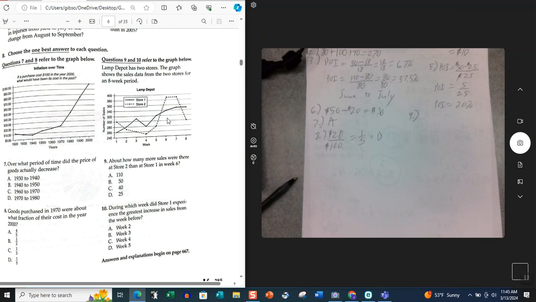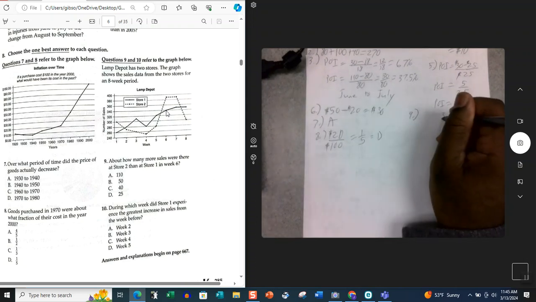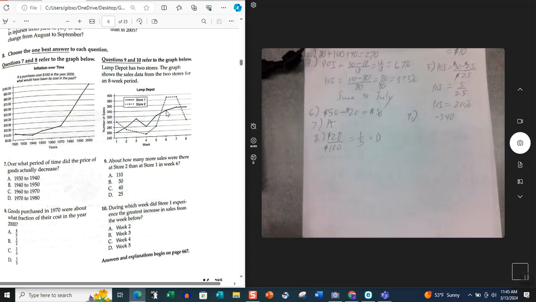So we go to week 6, and we see here store 1 had 340. And then store 2 had about, it's between 380 and 400, so that's about 390.